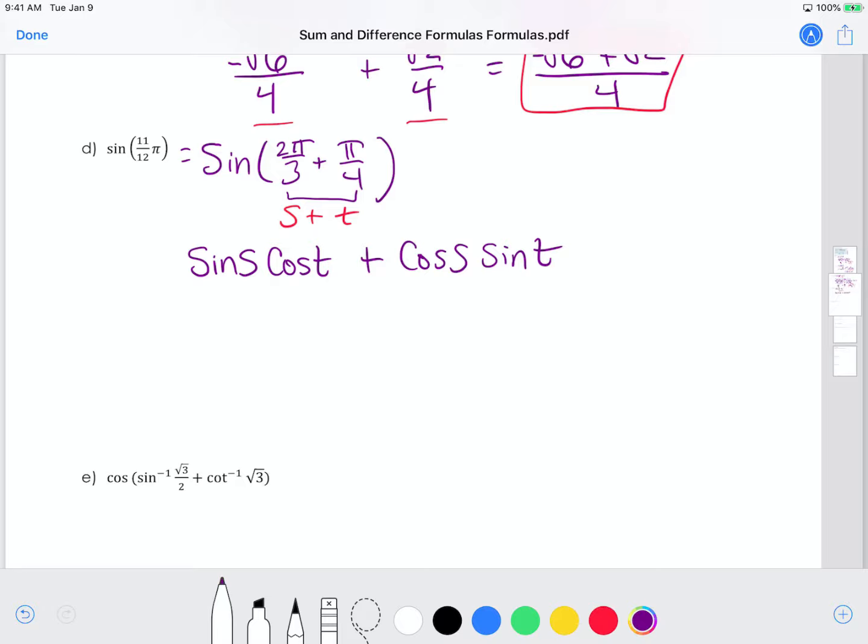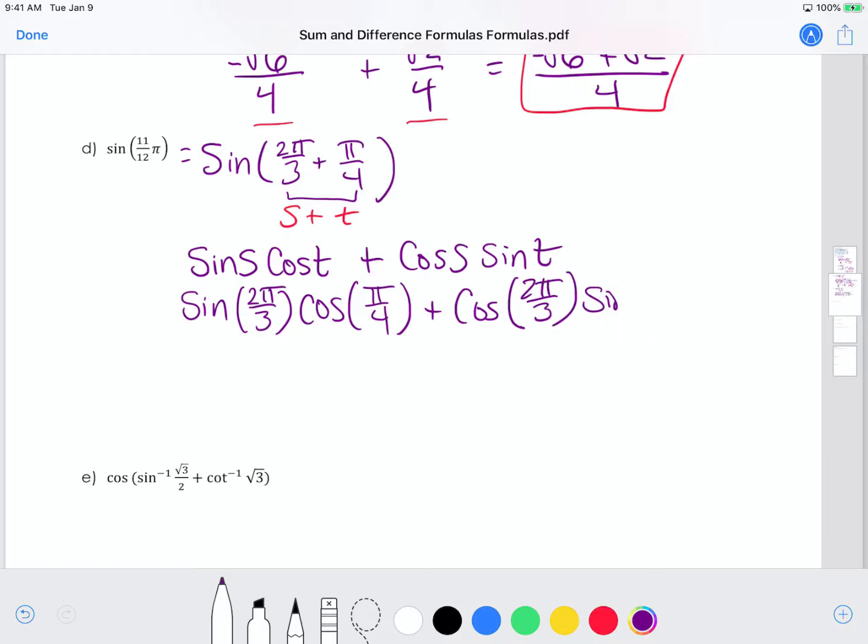And now I'm just going to substitute in my values for s and t. So I have sine of 2 pi over 3 times cosine pi over 4 plus cosine of 2 pi over 3 times sine of pi over 4.